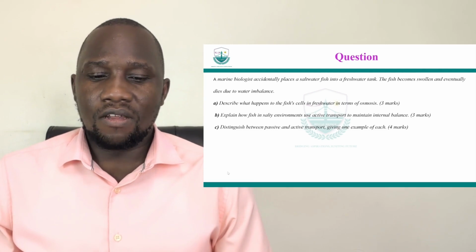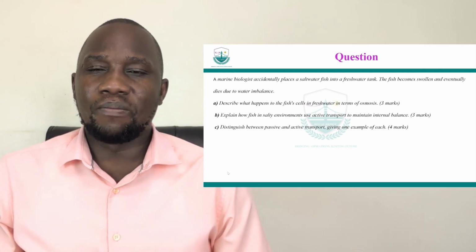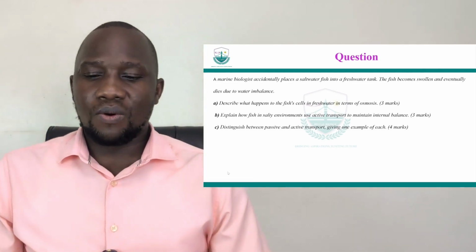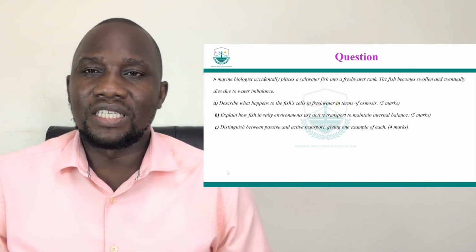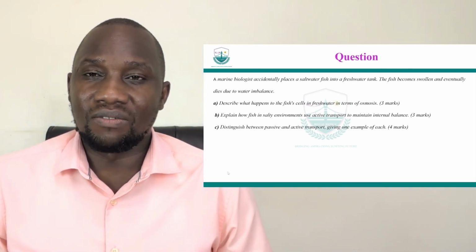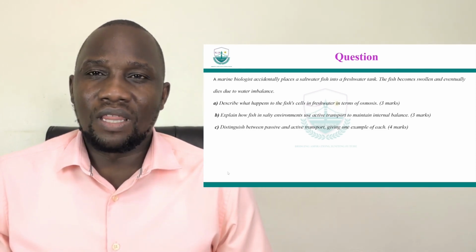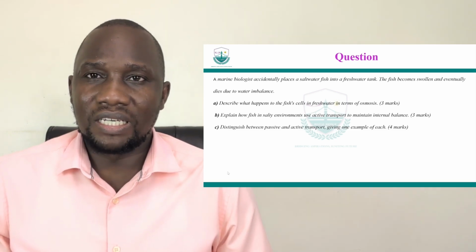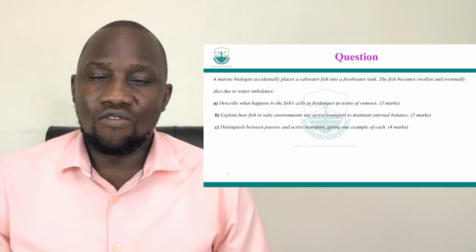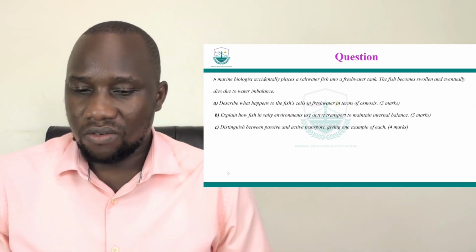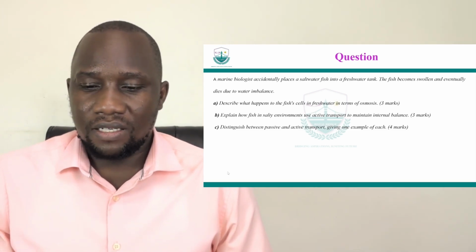The difference between passive and active is that in active you need energy and in passive you don't need energy. Because of that, with active, you're moving molecules against the concentration gradient, and with passive, you move molecules along the concentration gradient.